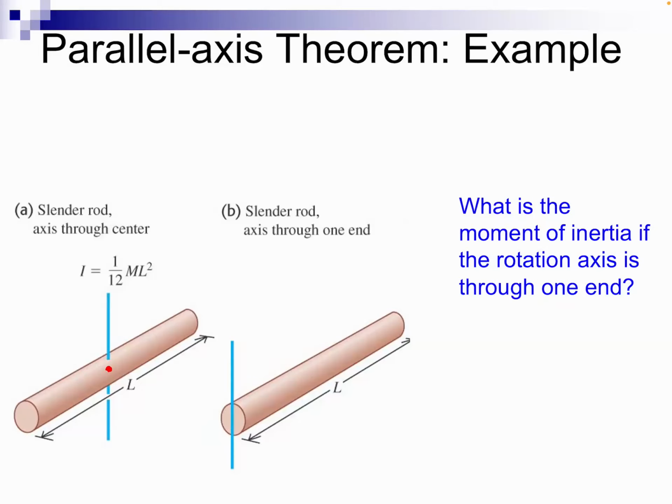The parallel axis theorem says that the new moment of inertia, at an axis that's parallel to the original one, is equal to the moment of inertia at the center of mass, which is 1/12 m l squared, plus the mass times h squared, where h is the distance of the new axis to the center of mass.